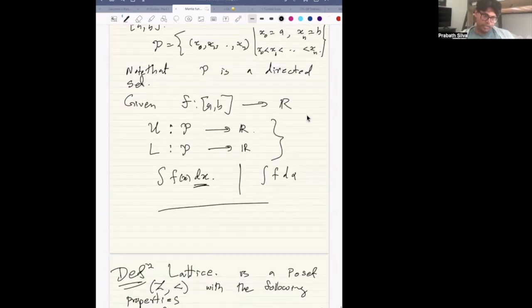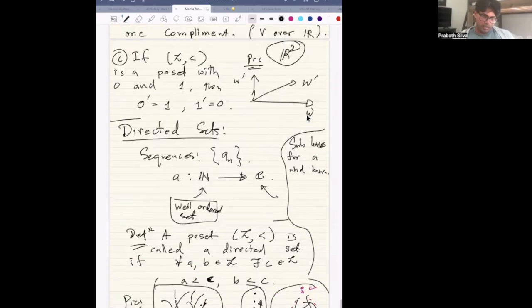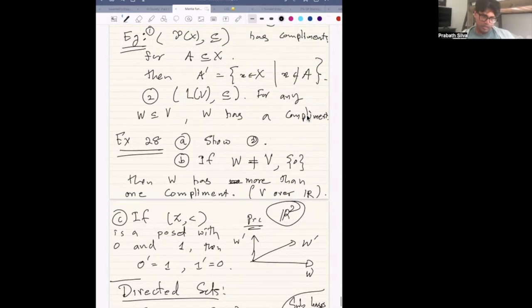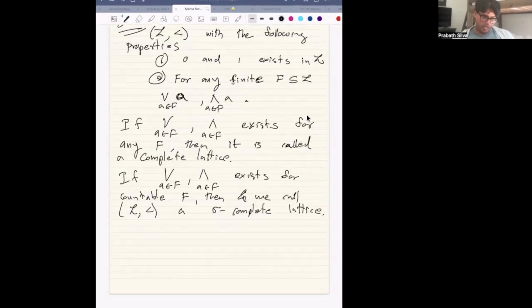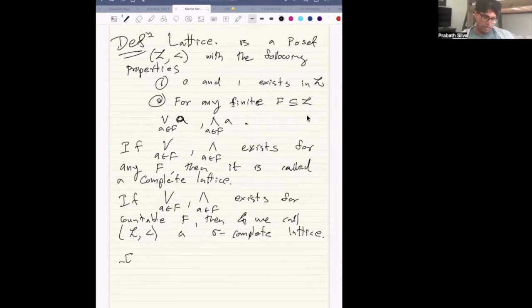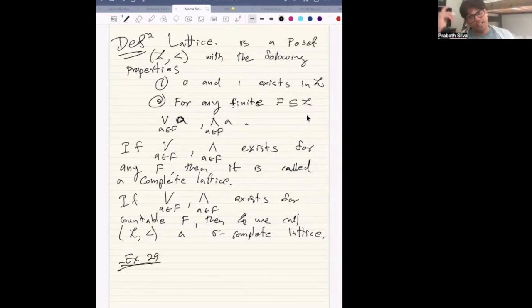So it is an exercise, 28, 29. I had the big list of partial orders, and I think all of them are lattices. Show that.